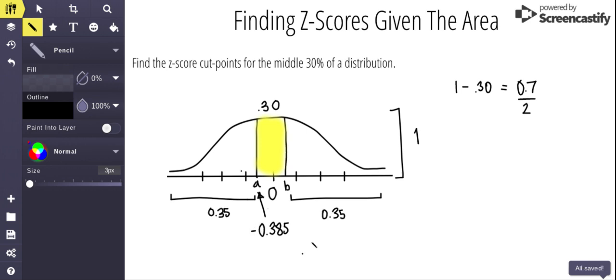So you have found one part of your range, but you need the other. Now, let's use that same process that we did to find A to find B. So we know that this area is going to be 0.35. So click on second vars once again, and then inverse norm, and our area is still 0.35.